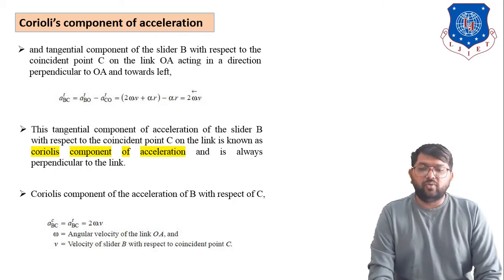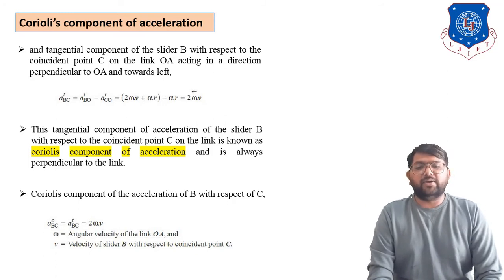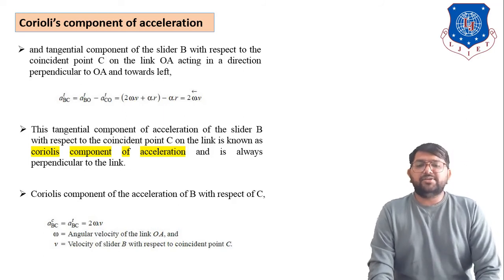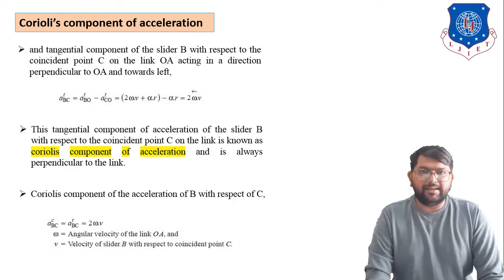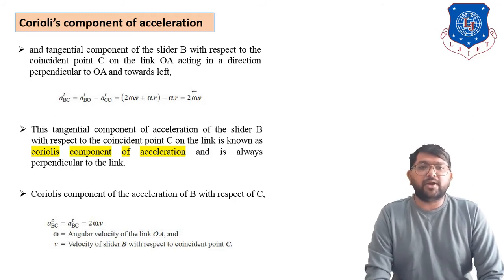Acceleration is equal to 2 omega v plus alpha into r minus alpha into r, which is equal to 2 times omega into v. This tangential component of acceleration of the slider B with respect to coincident point C on the link is known as Coriolis component of acceleration and is always perpendicular to the link.